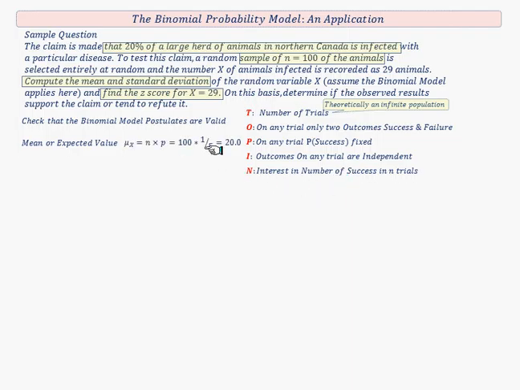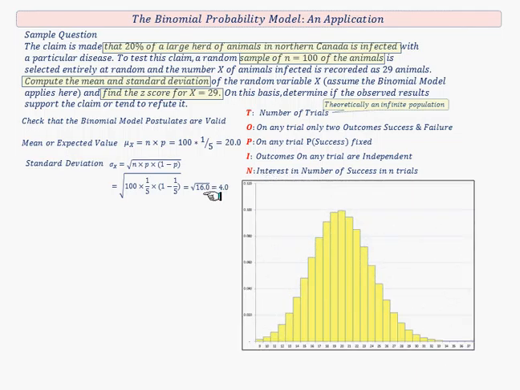The mean or expected value, 20% times 100, is 20. We can expect 20 of the 100 to be infected. The standard deviation is 4. And we're saying that the distribution of X follows that shown on the screen here. Mean of 20, standard deviation of 4. This is variability about the mean, plus or minus 4. 68% of the time we'll get a value between 16 and 24.